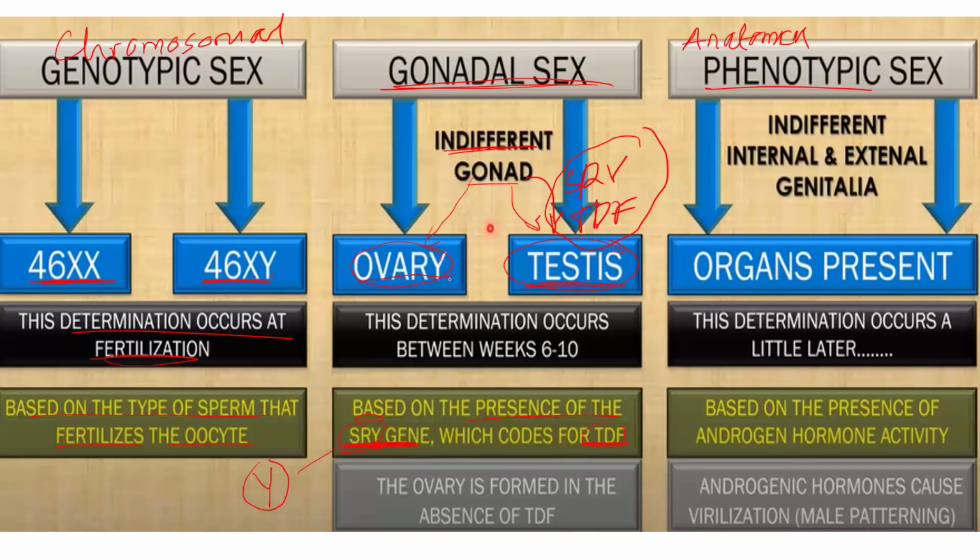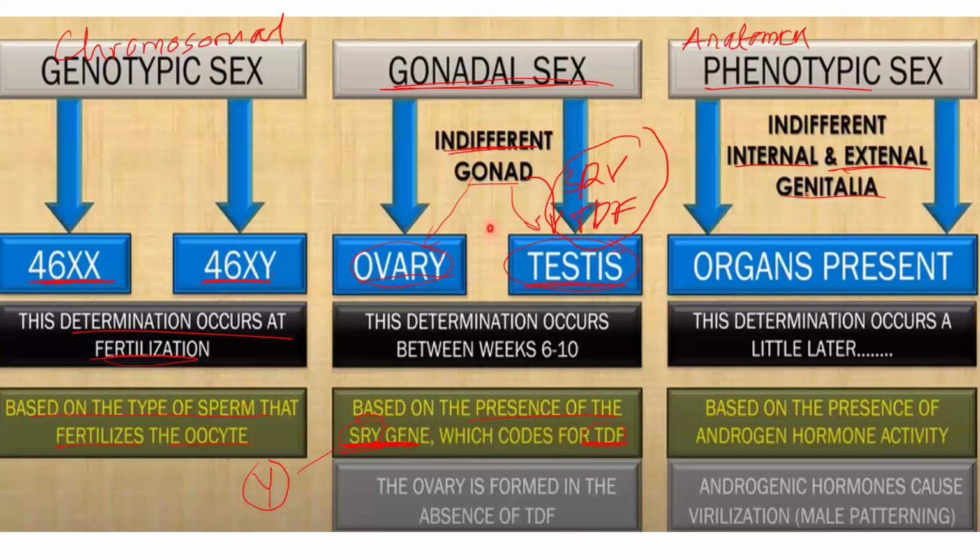Now, the phenotypic sex is the anatomical sex. It's what ideally you and I use to tell the sex of a person. It is the internal and external genitalia, but in most cases, you use the external genitalia because that is what you can see.